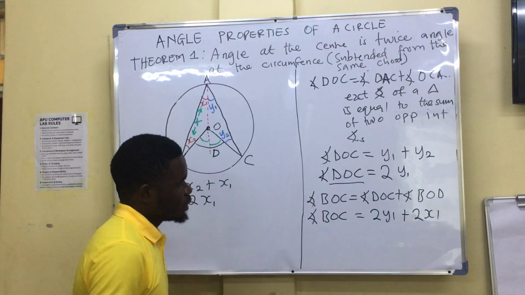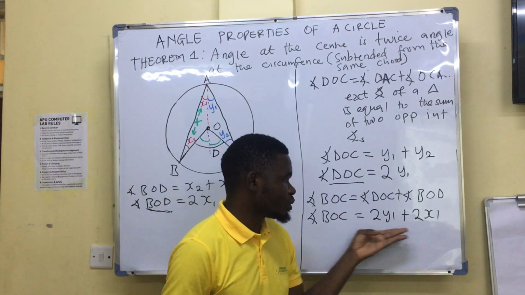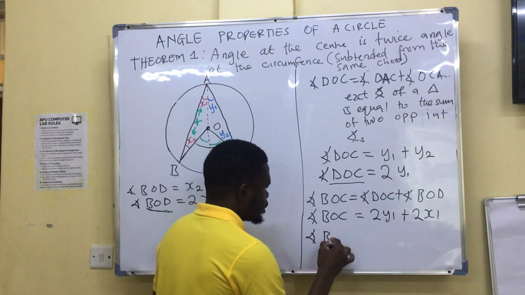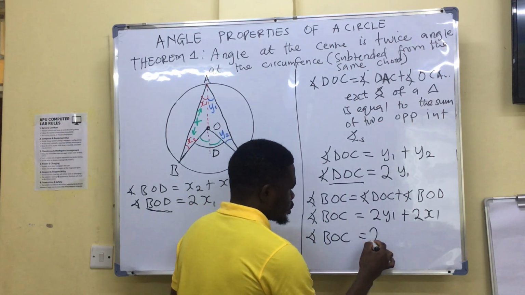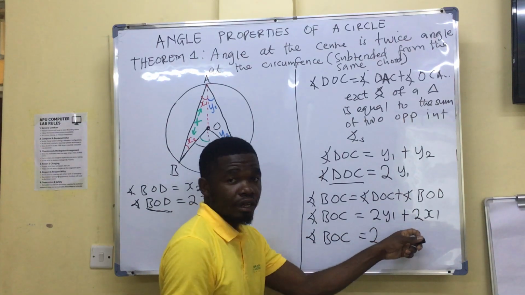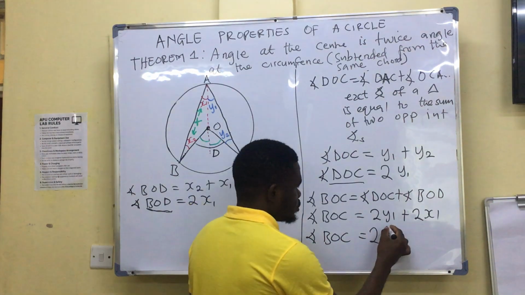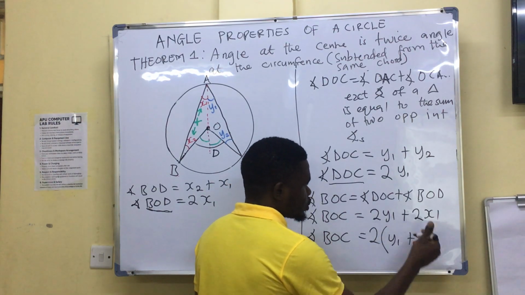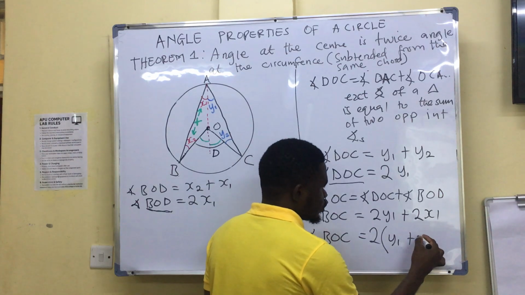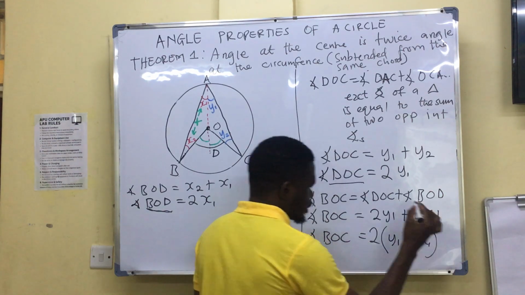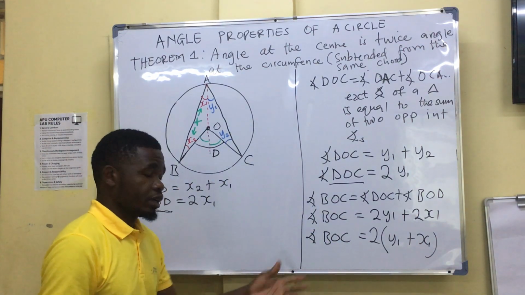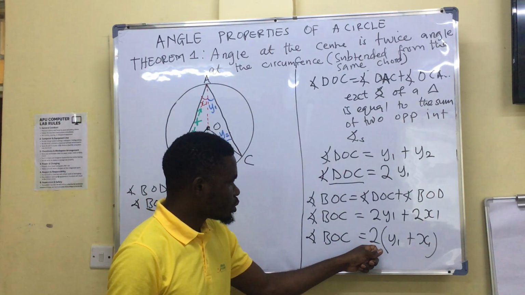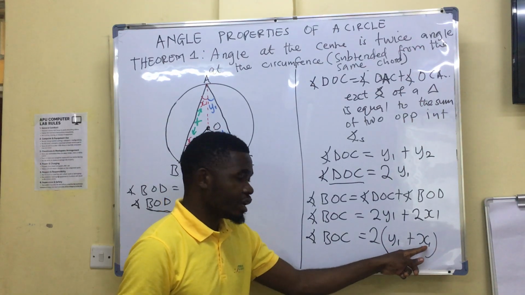You can see that 2 is common here. We can factorize, right? Meaning that angle BOC is equal to what? You remove 2 here and here, 2 is like a coefficient now. So it will be 2 bracket y1 plus x1. So here now, angle BOC is equal to 2 times y1 plus x1.